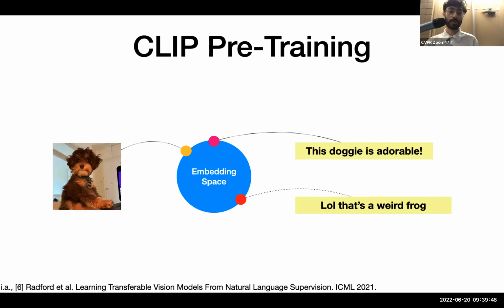Similarly, we have some fun objectives in vision. There's this CLIP objective wherein we try to align representations of images and corresponding captions in a feature space. Here we have this dog and the caption, this doggy is adorable. We want the features for these to be very close in some embedding space and far away from a dissimilar concept, like, LOL, that's a weird frog.